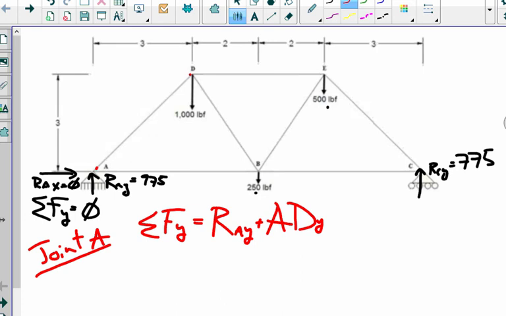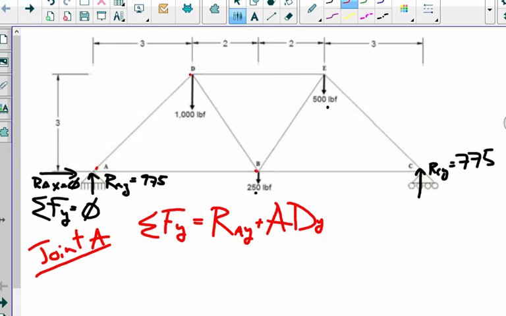So it's AD, and we're only looking in the y direction, so ADY. All right. And we also have the force going from A to B. That's not in the y, that's in the x direction, so we don't have to deal with that.